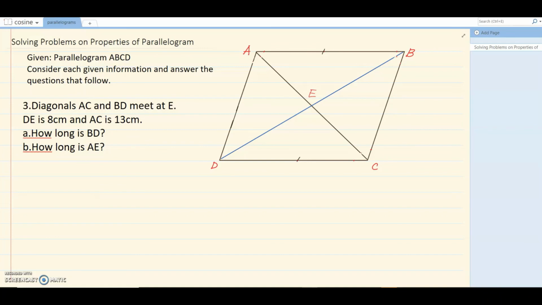And for our last number, number 3, we have diagonals AC and BD meet at E. Point of intersection is at E.